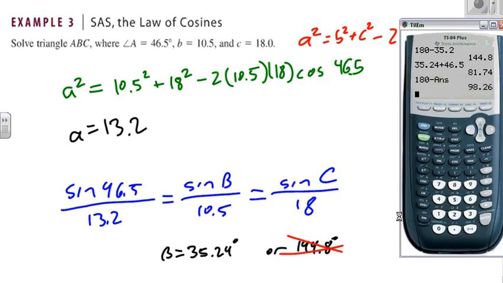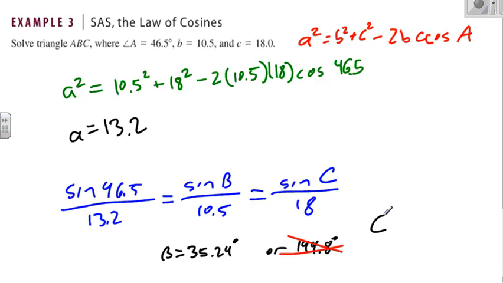It's 98.26. And as a quick check, you can always make sure that the biggest angle is across from the biggest side. B is the smallest angle, it's across from the smallest side, and then A is middle angle, middle side.